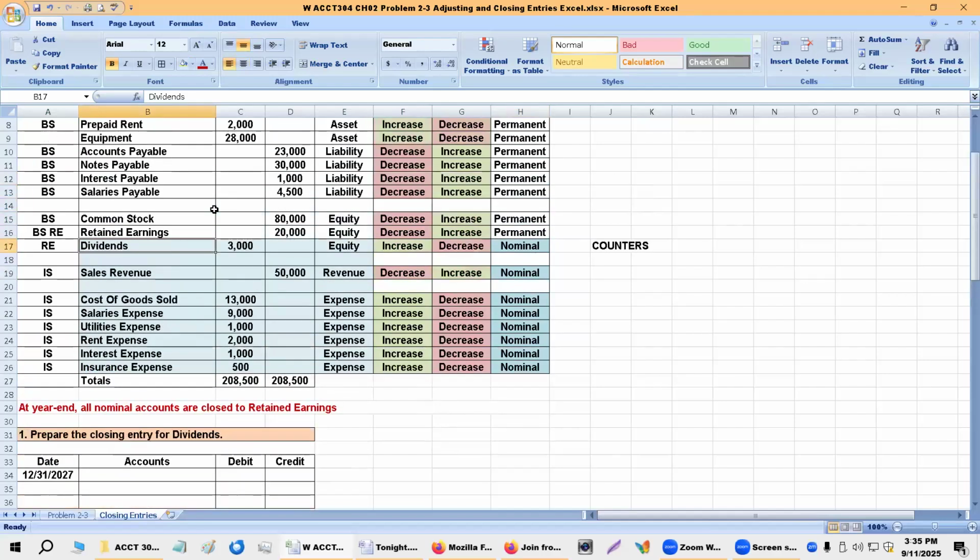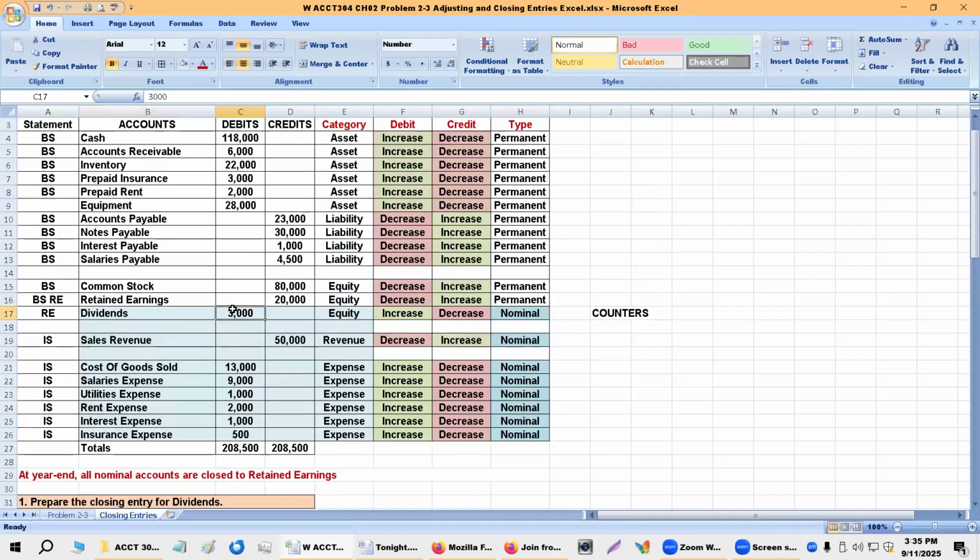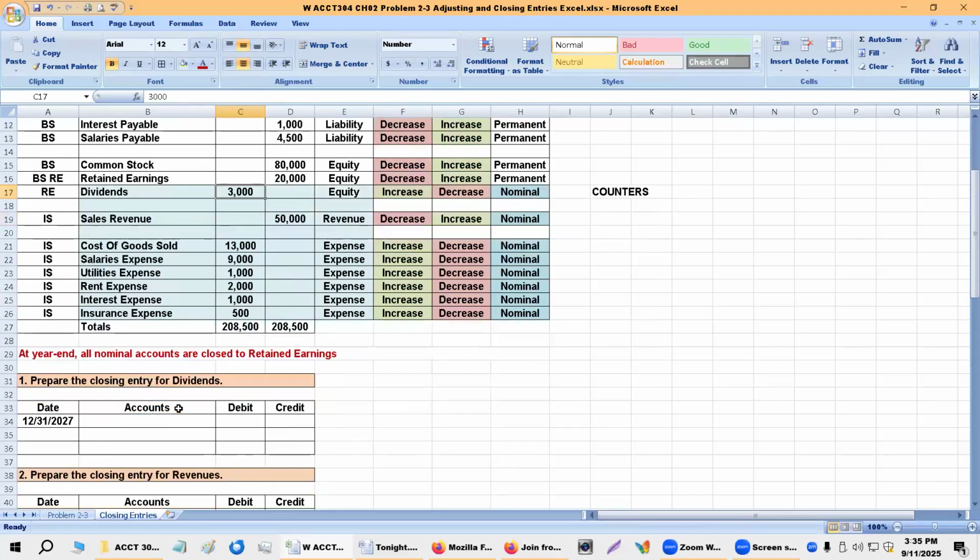Okay, so dividends has a debit of 3,000. So if we want to close dividends, what do we need to do to dividends? We need to debit it or credit it. We want it to disappear. Credit to cancel out. Yep, so our dividends, $3,000.